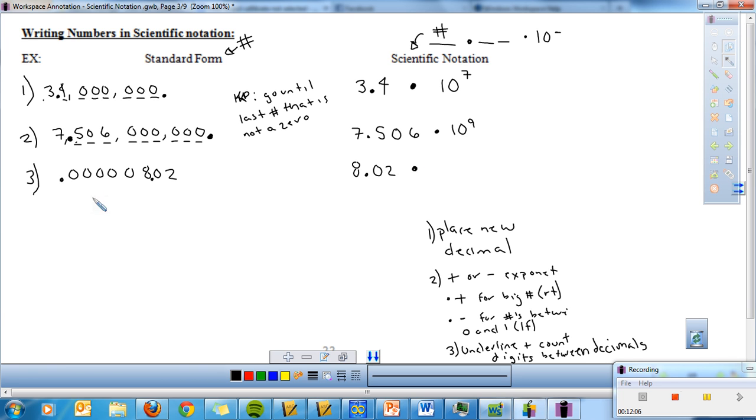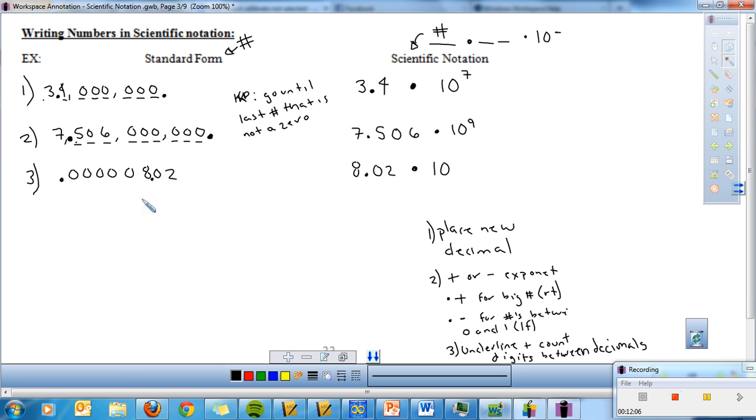Times, now, let's see, are we going to use a negative exponent or a positive exponent? Well, a negative exponent is for numbers between 0 and 1. Is this number between 0 and 1? Yes, it is. So we're going to use a negative exponent.